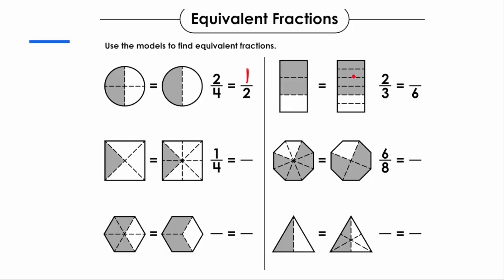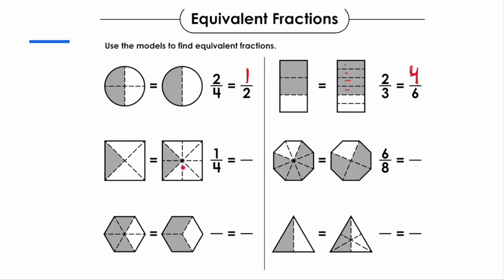So we count all the pieces to figure out our denominator, which is 1, 2, 3, 4, 5, 6. We have 6. Now we're going to count the number of shaded rectangles. We have 1, 2, 3, 4. We have 4 6s. So 2/3 is equal to 4/6. All right, here we go.